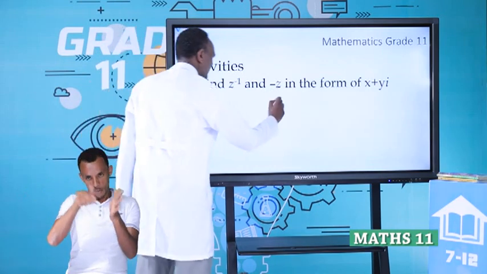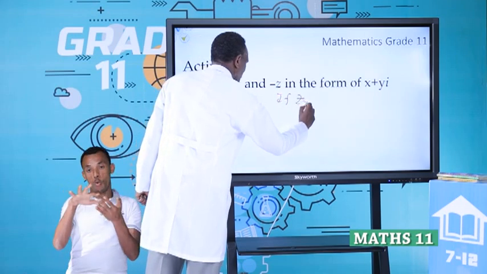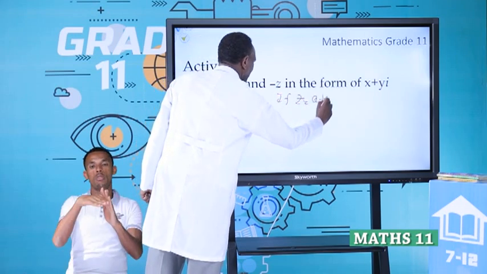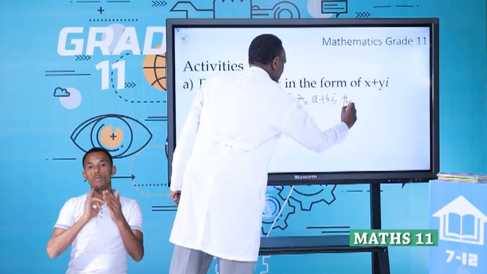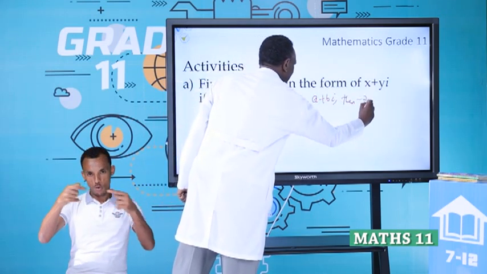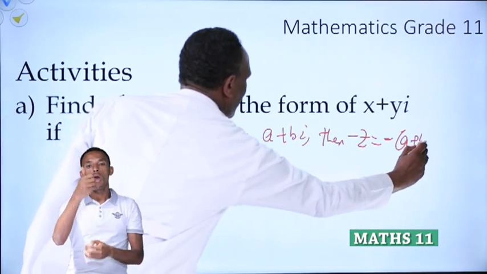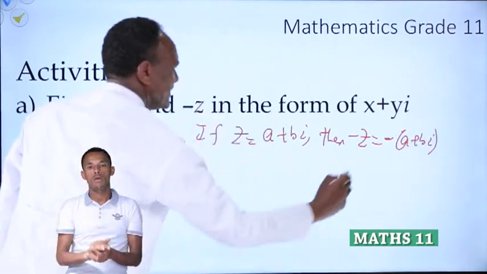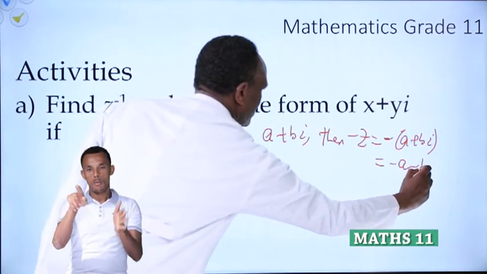If z is a complex number represented by a plus bi, then what will be its opposite? The opposite of z is the opposite of a plus bi, which gives a result equal to negative a minus bi.